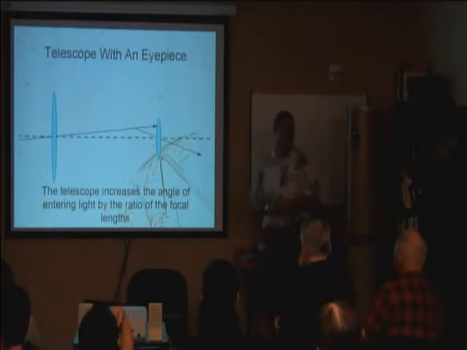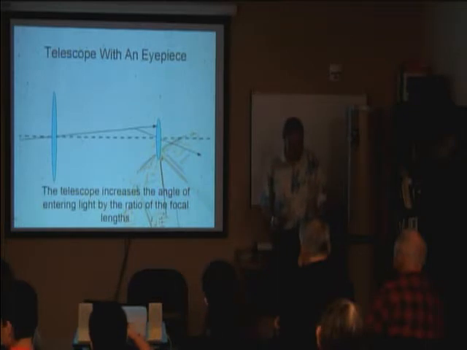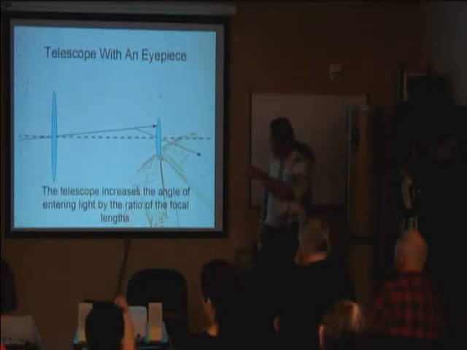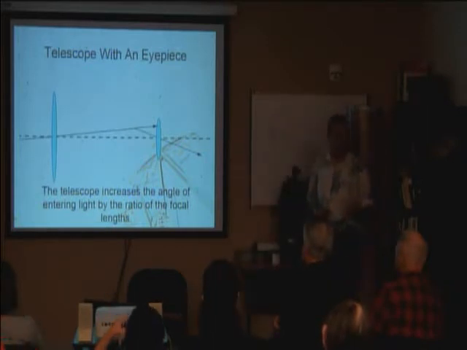Okay? Remember, angle gets converted into position on our image. And so by looking at the different angles, this angle is bigger than this one now. And so this means the image is going to be bigger and it's magnified. That's what I'm trying to convey here.